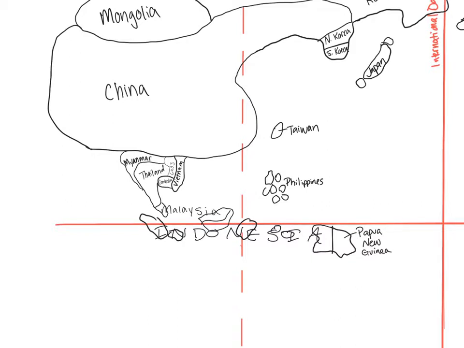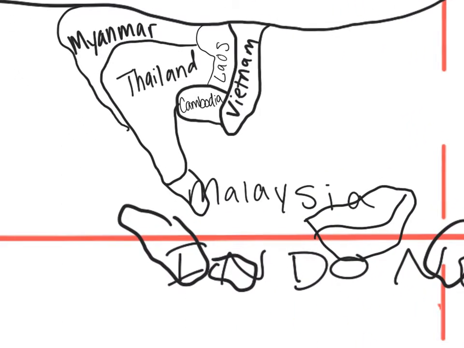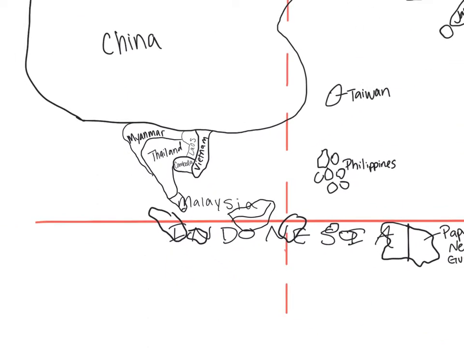And then the last part to Southeast Asia is a really small country. It's pretty much just a city, but it's on the tip of Malaysia here in this peninsula right there. It's really small. So if you zoom out, it's a very small country.